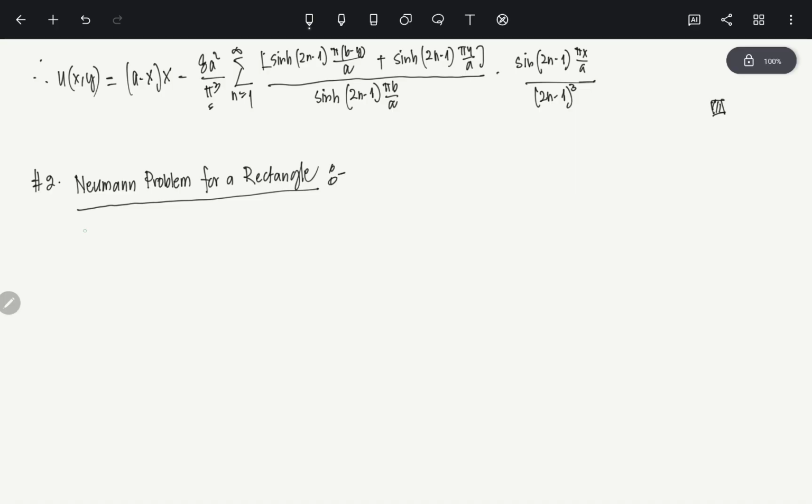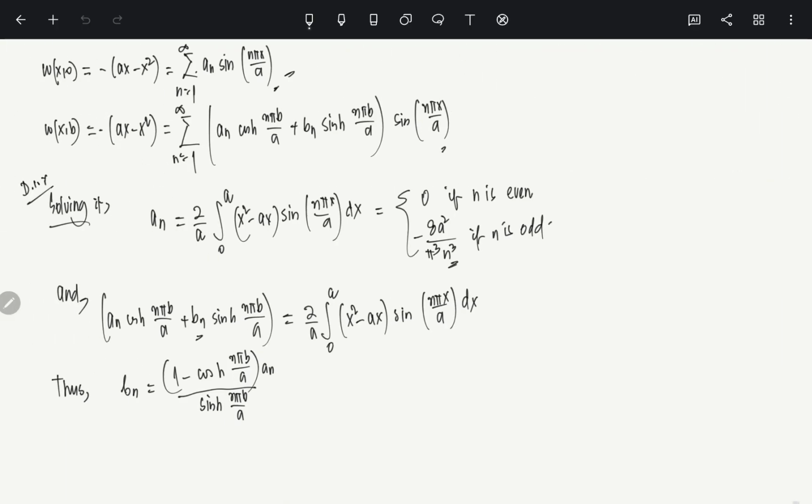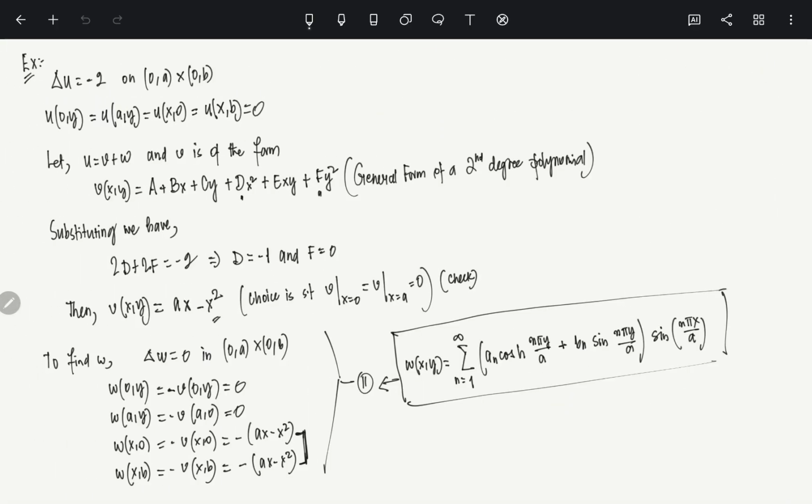Neumann problem, as you remember, the boundary condition is different. So it is Laplacian of u equals to 0. We want to do it for x between 0 and a, and y between 0 and b. Okay. By the earlier idea which we did with the boundary conditions, because we know how to solve the Dirichlet problem for the Laplace equation, we exploited that idea.